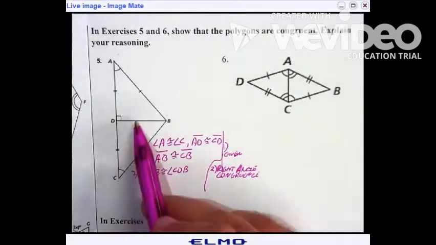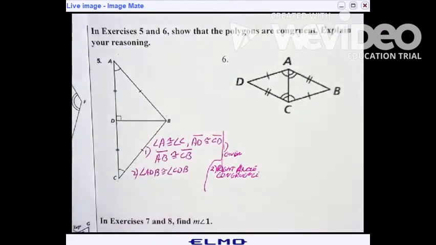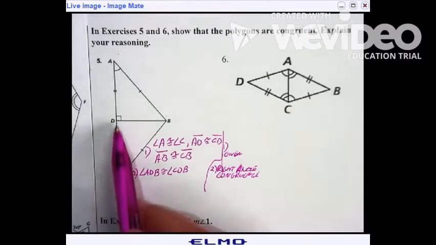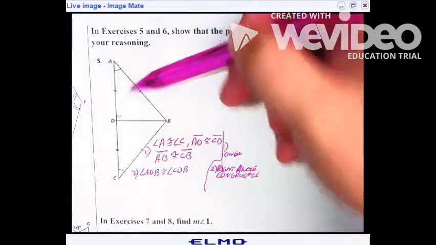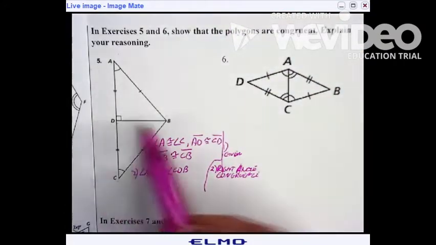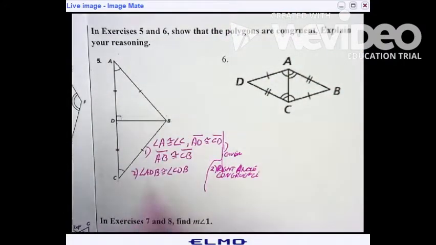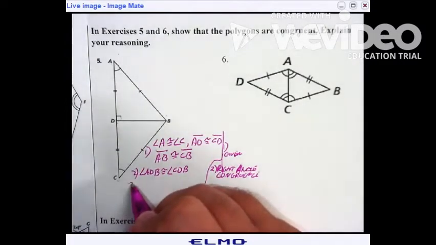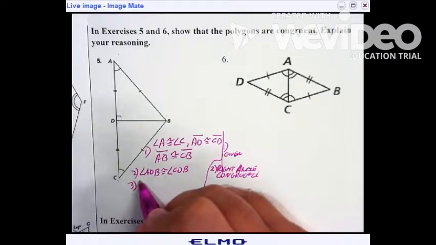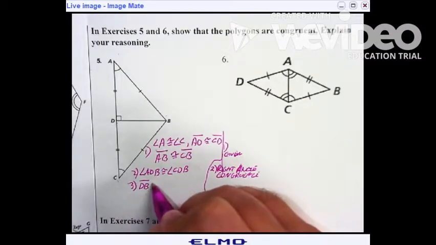What else? Right here, this is a little weird. Okay, but segment DB in triangle ADB is going to be congruent to segment DB in triangle CDB. Why? How do we know that segment DB is congruent to segment DB? Well, because of the reflexive property. And you're like, wait, we have to actually say that segment DB is congruent to segment DB?